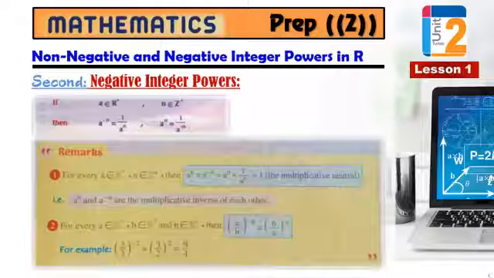So if we find the sign of the power is negative, we put it in the denominator with a positive sign.